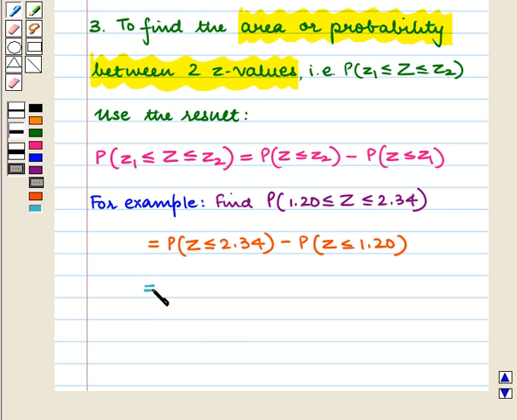So this becomes 0.9904 minus 0.8849, which is equal to 0.1055.